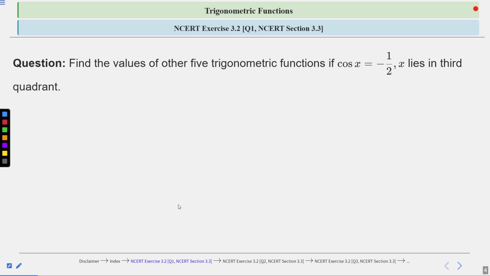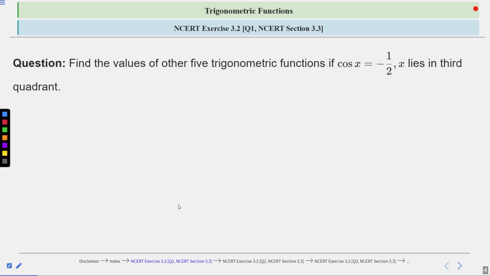Now we know that in the third quadrant, cos x is negative, sin x is also negative, right? Similarly, you can say about all the other trigonometric functions. Since cos x is equal to minus 1 by 2 is given, we can find sin x by using sin square x is equal to 1 minus cos square x.